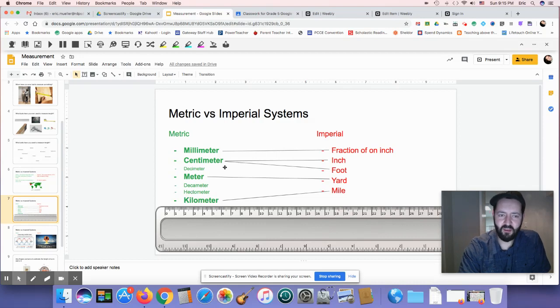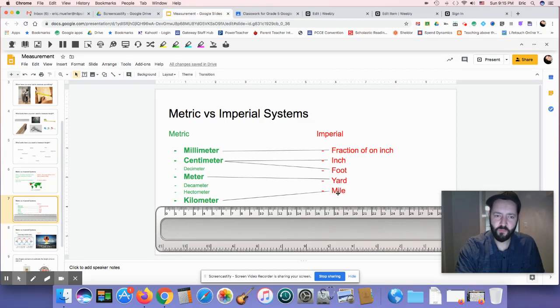The one thing that you'll notice about all these is they all end in the word meter, which is actually the same root word as metric. So that makes it really easy to identify if you're using a metric unit of measure because it ends in meter. And then imperial units, that would be fractions of an inch, inches, a foot, or feet, yards, and miles.